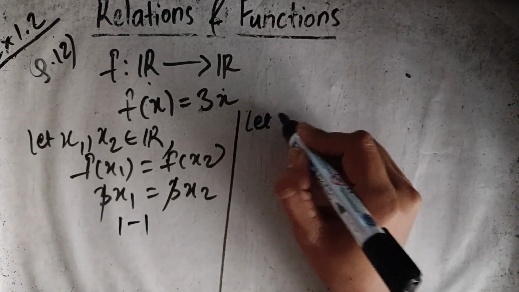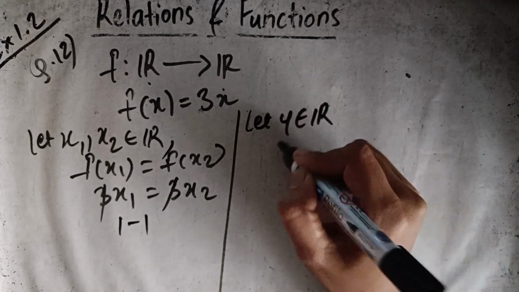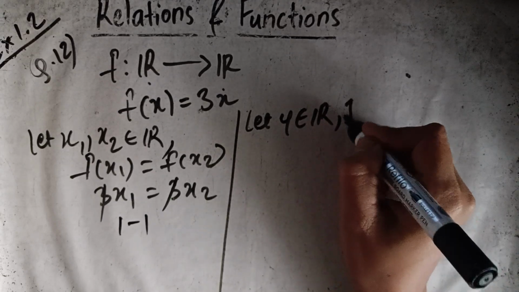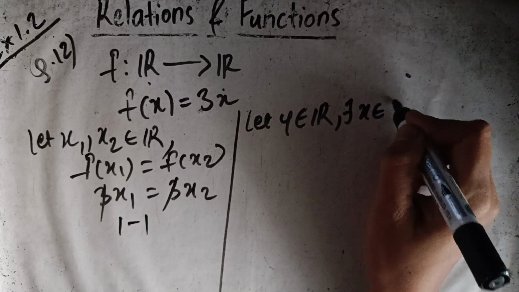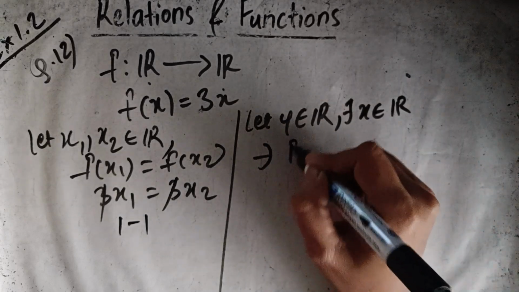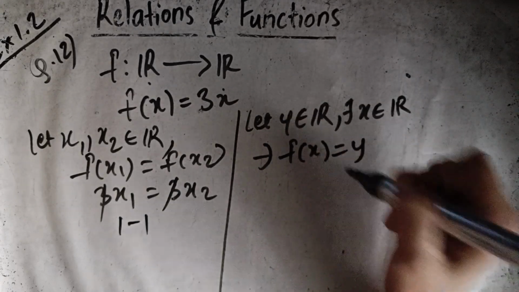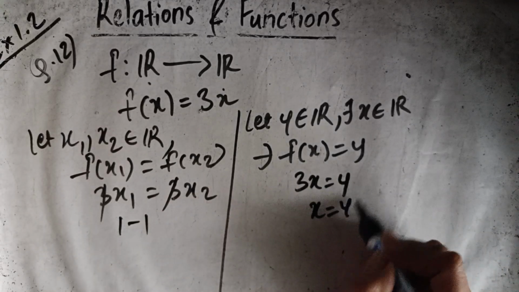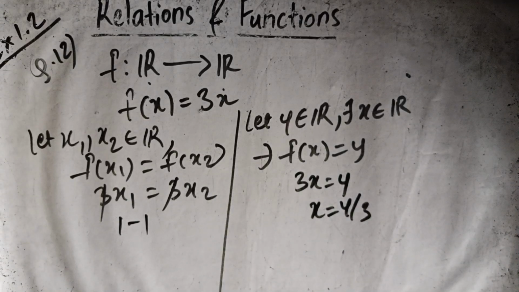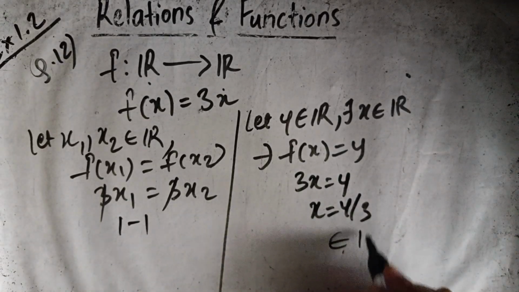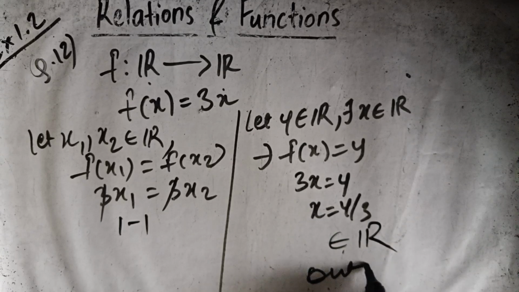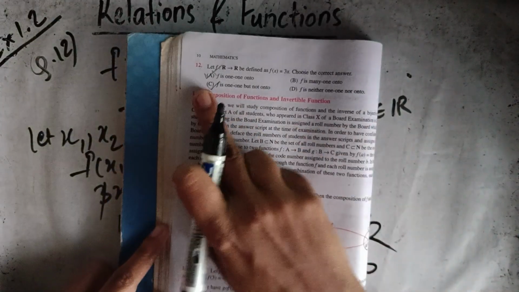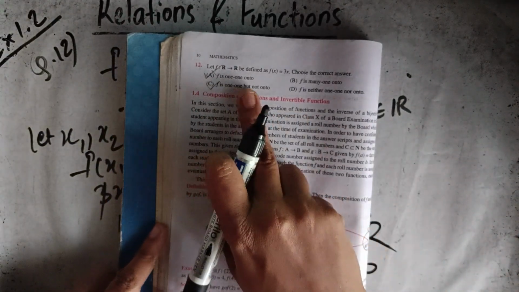Let's say some y belongs to R, and there exists some x belonging to R such that f of x is equal to y. So 3x is equal to y, so x is equal to y by 3, and this belongs to R. So it is onto. It is both one-one and onto. So the correct answer is the first one: f is one-one onto.